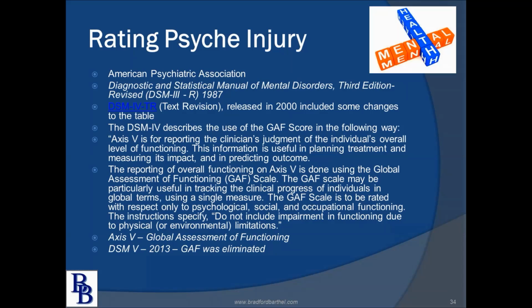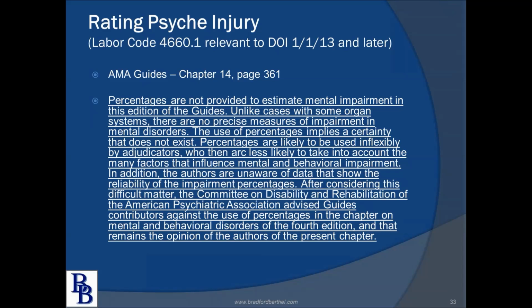The next topic is rating psych injuries. Chapter 14 of the AMA guides covers emotional disorders, psych injuries. There are several pages within that chapter, but ultimately the authors of the guides decided not to put WPIs in there.